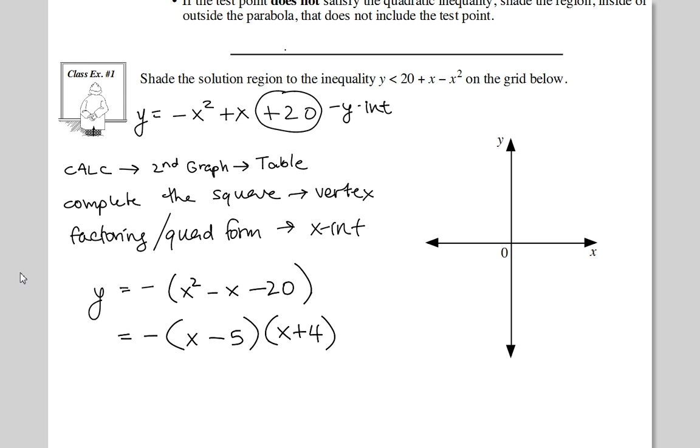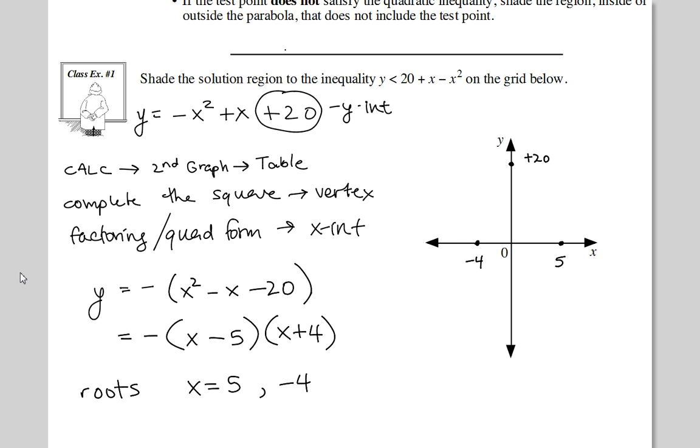So these will give me my roots. The roots are 5 and negative 4. I can plot those. There's 5. There's negative 4. I know the y-intercept is positive 20. And I basically have some sense of the graph.